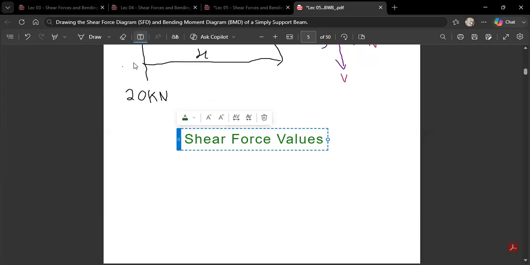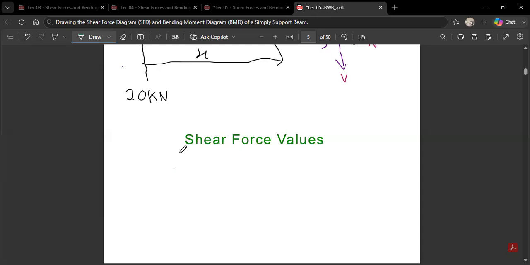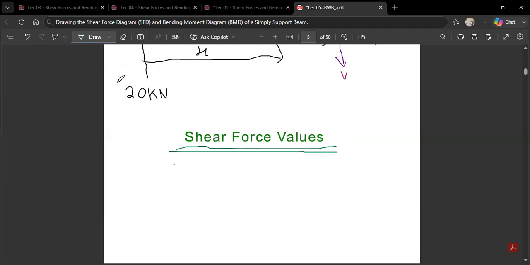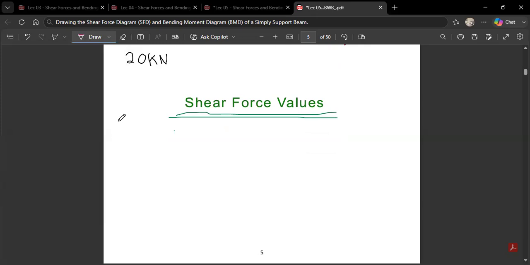Shear force values are just the values that are moving in the y-axis. It's not anything scary. They are the values that are moving in the y-axis. You see. So if they are moving in the y-axis, then the rule we are going to use is the rule that all forces that are moving towards the north are positive. Okay.